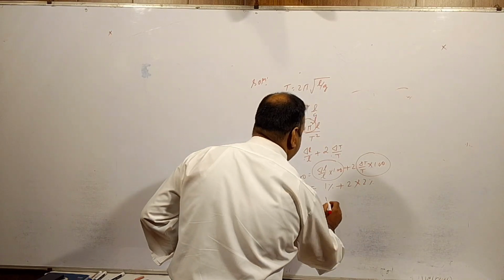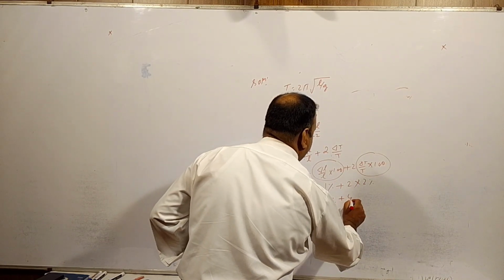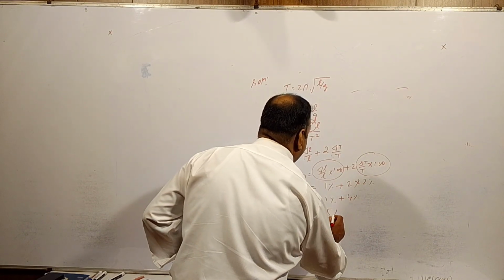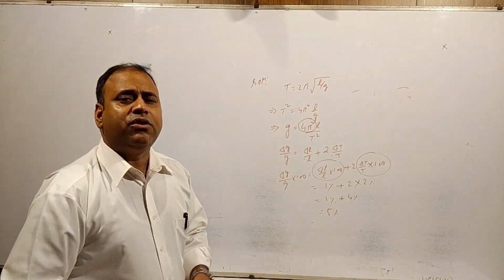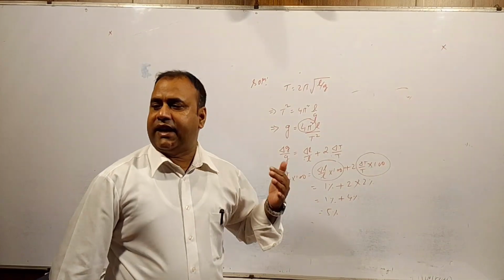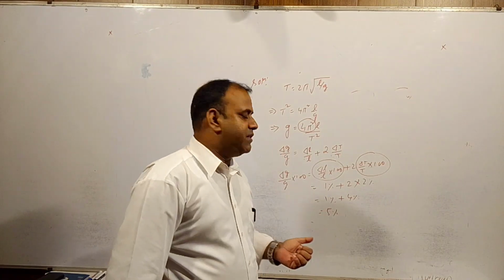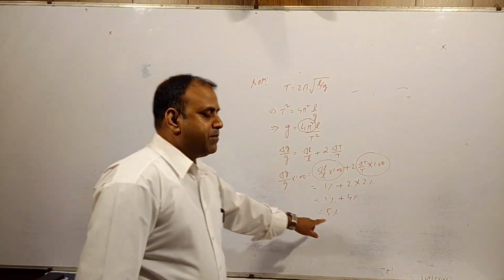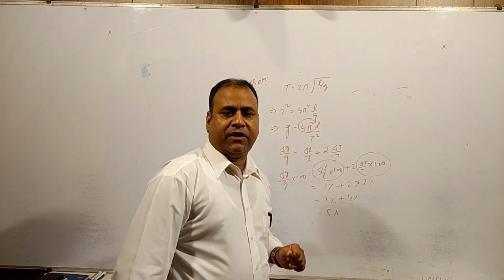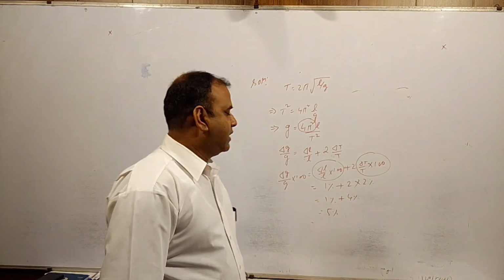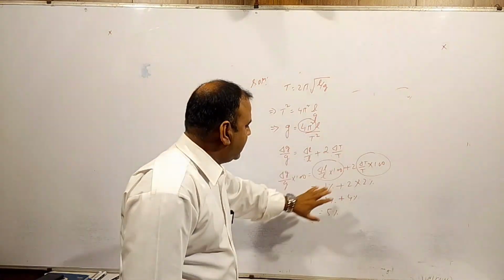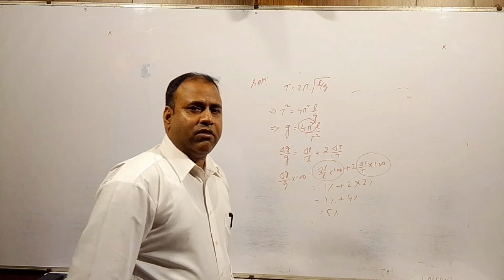So ultimately we are getting 1% plus 2 into 2, which is 4%, so it will be 5%. You remember the percentage error in acceleration due to gravity is 5%. So the answer will be 5%, and the option will be none of this. So in this way we calculate the percentage error, right?